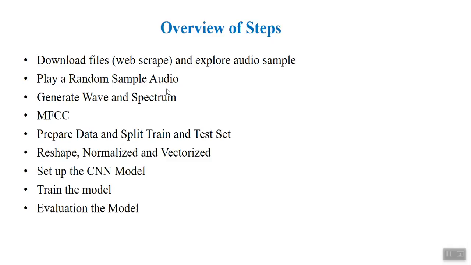Then I will play a random sample audio to generate the wave and spectrum and do the MFCC feature engineering to prepare the data and split the train and test sets. Before the modeling, I want to normalize, vectorize, and reshape the training and test sets to match the CNN architecture, and then I train the model and evaluate the model.